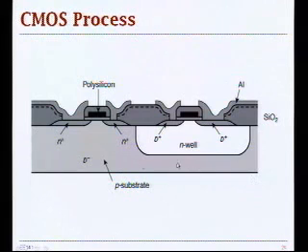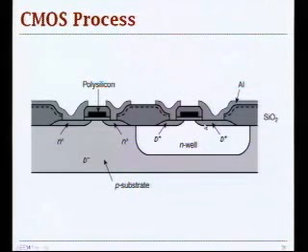So you have a lightly doped P substrate, and then you grow your NMOS transistor in your P substrate, and you have a polysilicon gate on top, source and drain contacts, and the gate oxide underneath. In order to make a PMOS, you have to have an extra region here called N-well, because your transistor is always the opposite polarity from its substrate.